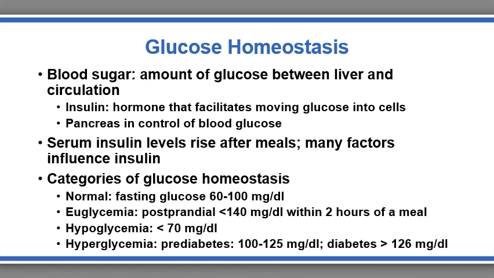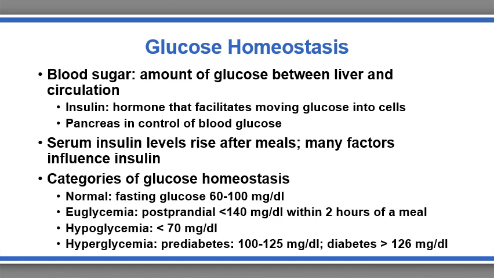Hyperglycemia includes pre-diabetes and the levels where individuals get diagnosed with diabetes. Individuals are considered pre-diabetic, or have impaired fasting blood glucose, when it falls between 100 and 125. Another thing you look at with pre-diabetes is impaired glucose tolerance, where glucose levels fall between 140 and 199 2 hours after ingesting a 75-gram liquid glucose solution.